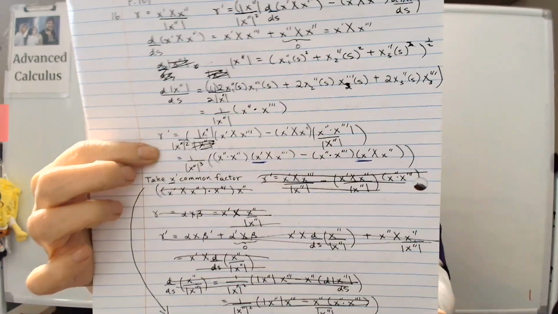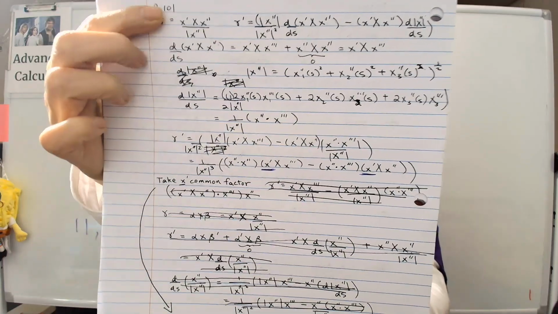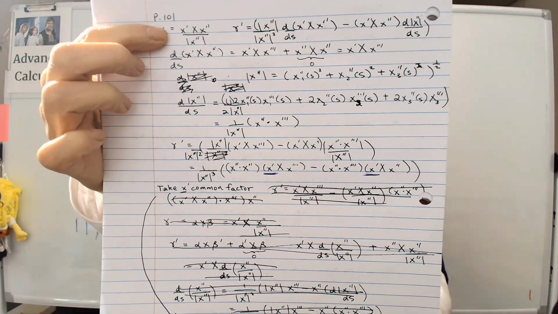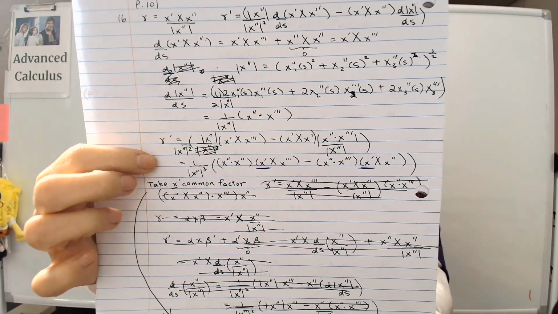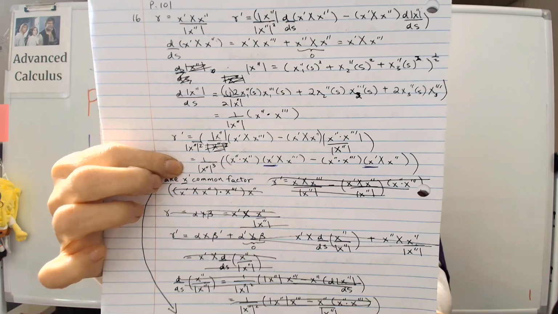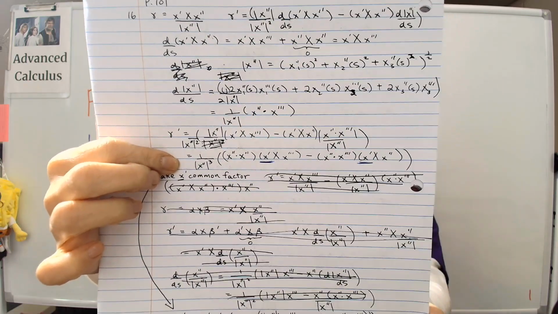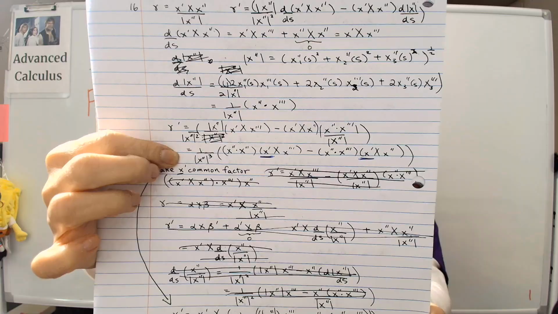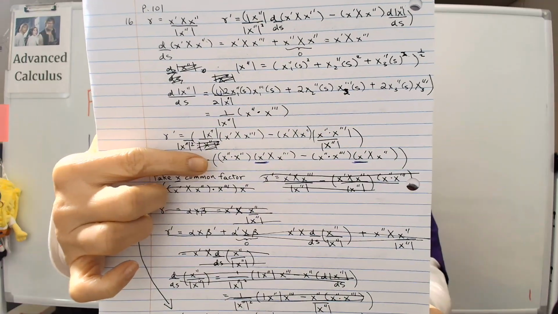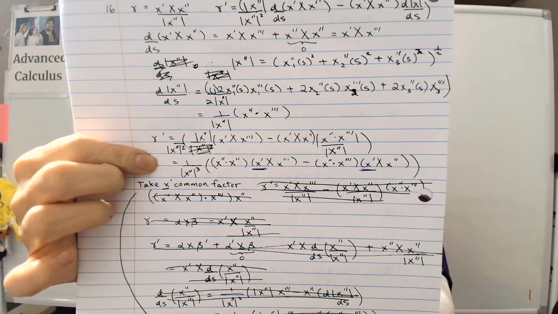And so gamma prime, after applying the quotient rule, we got to this point, and that was all very fine, but then I was confused as to what to do. Now what? This thing doesn't look like the Lagrange identity. It doesn't look like anything that we've seen.